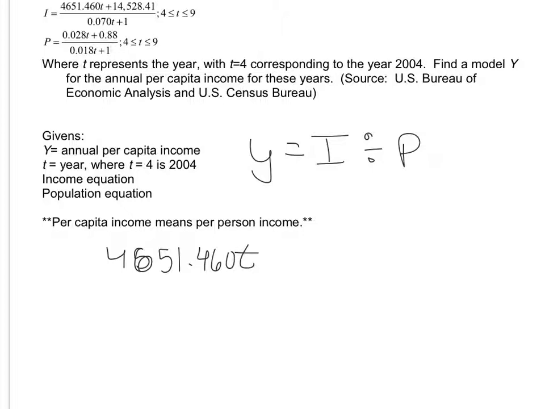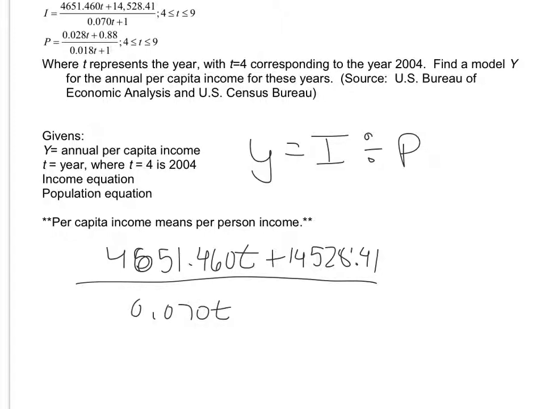4651.4060 T plus 0.41 over 0.070 T plus 1 divided by 0.028 T plus 0.88 over 0.018 T plus 1.